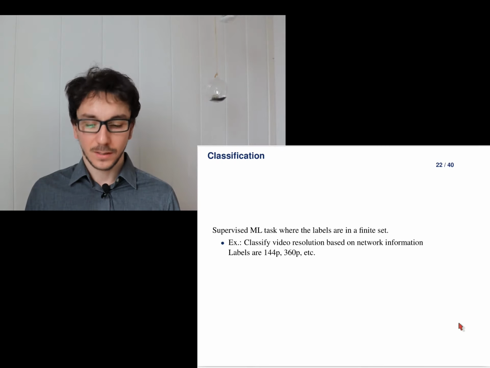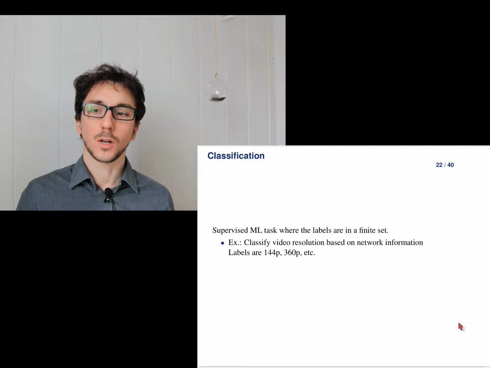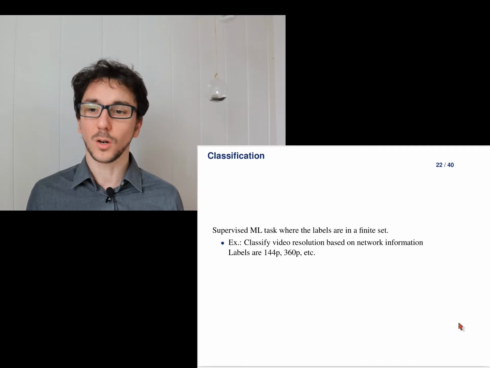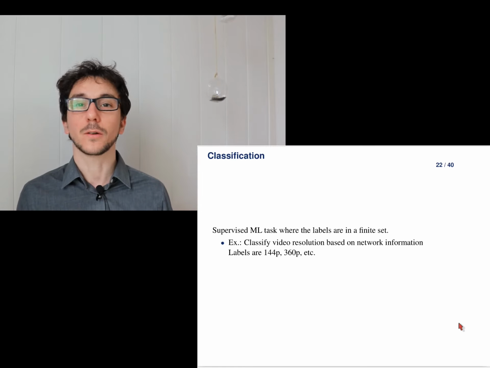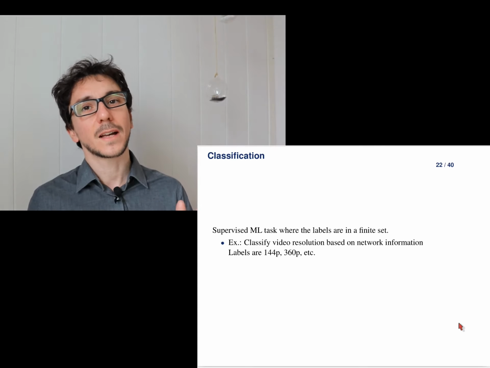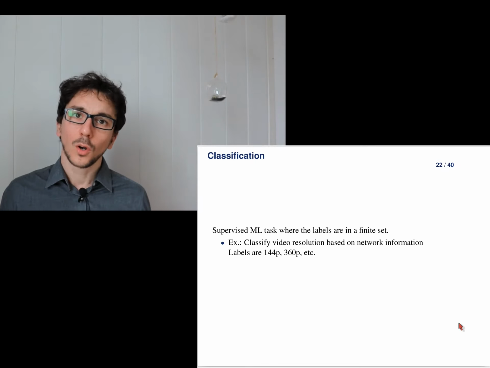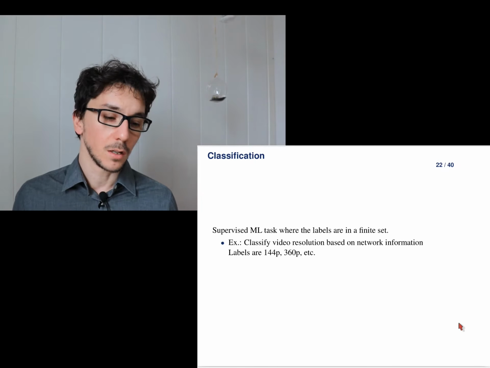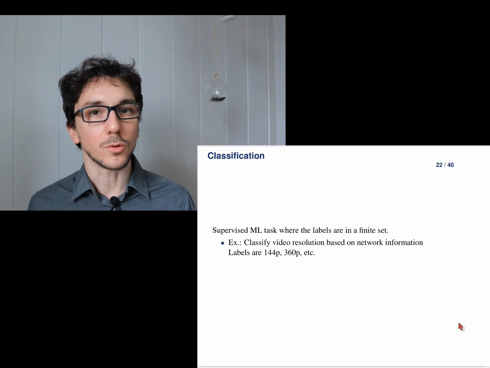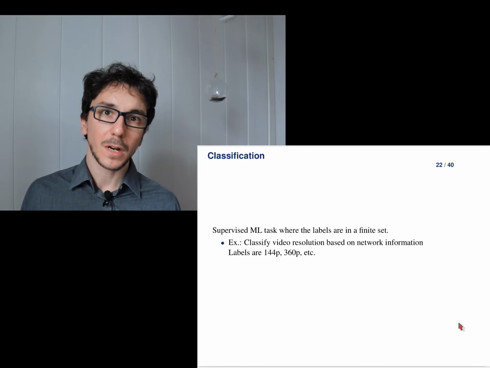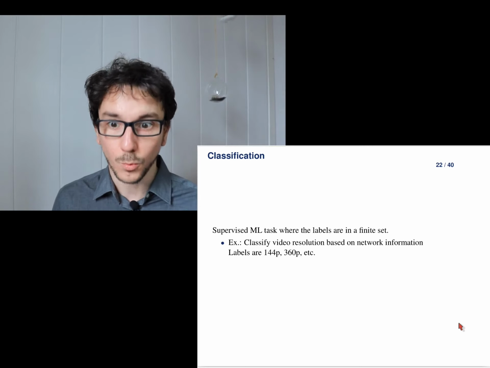So a certain connection can be in the category 144p or 360p, etc., depending on the resolution of the video that the user was consuming in that connection. So this is to tell you that when you have a data science problem, sometimes you can choose whether to apply regression or classification. You are not obliged to use one or the other.